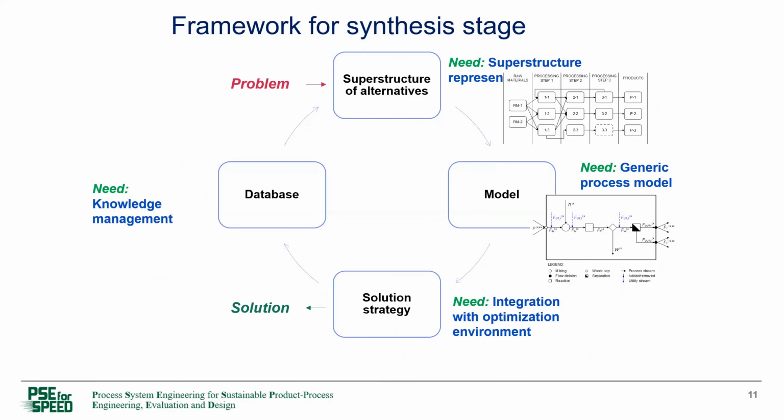A little bit more on the framework. You can see at the top the superstructure of alternatives. So this program, which is called SuperO, it generates that superstructure you can see on the right. Based on the superstructure, it has the library of generic model equations. It extracts the model equations.